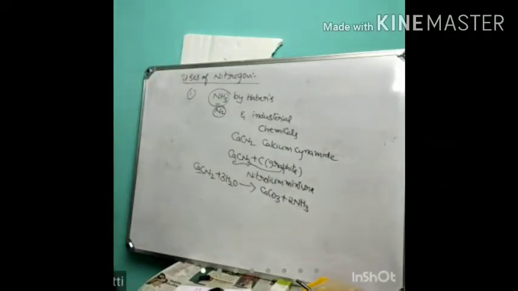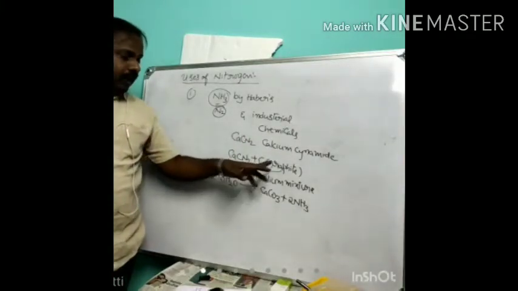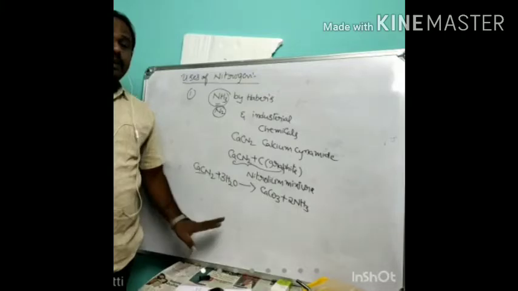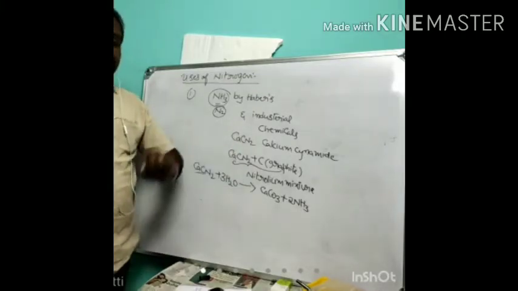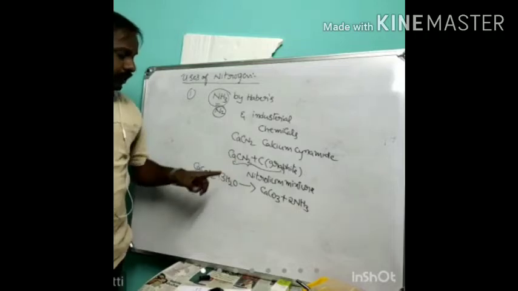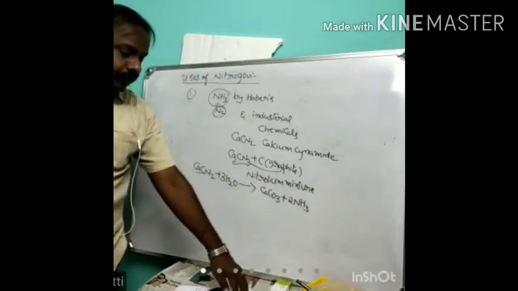So this is one of the applications of nitrogen: preparation of ammonia in Haber's process, and other industrial chemicals containing nitrogen like calcium cyanamide, whose hydrolysis again gives ammonia.